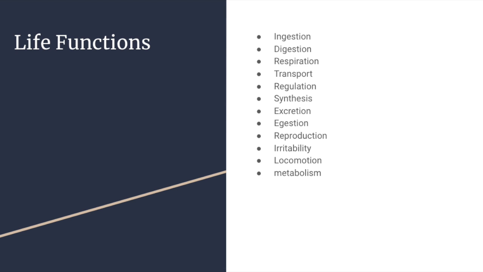Transport is distribution of molecules from one part of a cell to another or from one cell to another. Regulation is the ability to maintain internal stability, homeostasis.